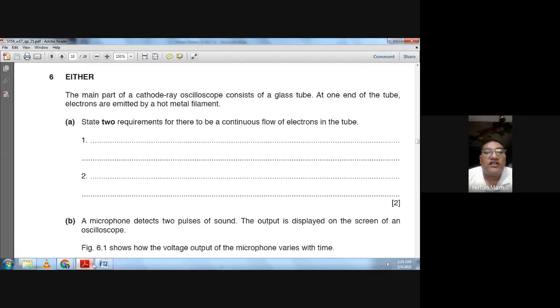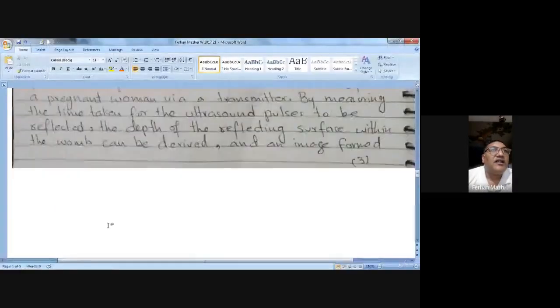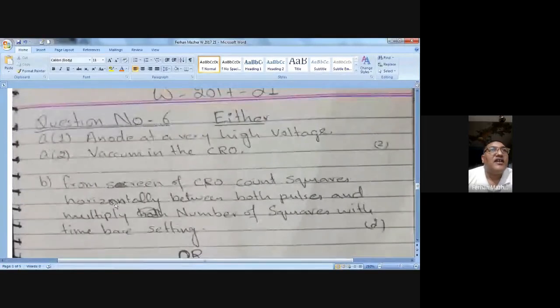If the electrons collide with the air molecules present in the CRO, their path will be hindered. They will lose their kinetic energy and will not be able to reach the screen. I have written this answer also. Let me show you that. Anode at a very high voltage, and the second is vacuum in the CRO. It's a 2-mark question. Very easy.